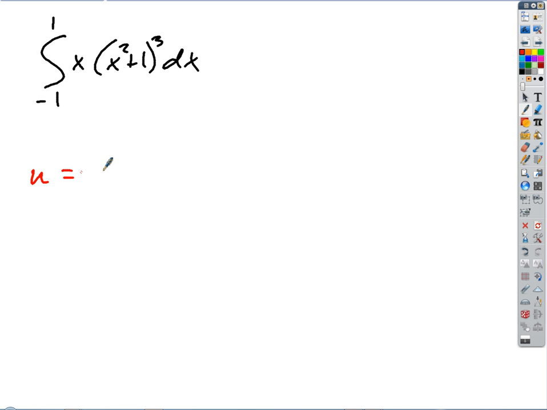So what's du then? 2x. Yeah, we're just going to get 2x, then plus 0, all times dx. Everybody agree? Okay, so if we make our substitution, we've got the integral of u cubed, and that's accounted for all this stuff, right?